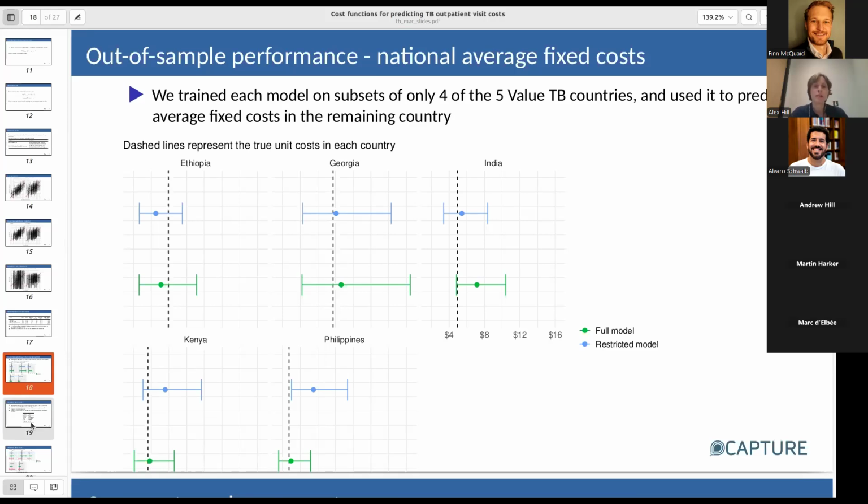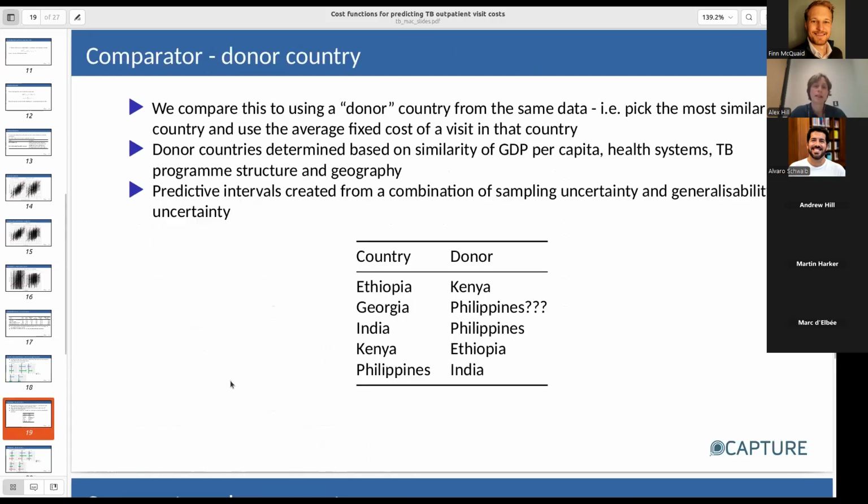And then for a comparator for this approach, I mentioned that when country data is lacking, a common approach is to just use a similar country that you have data for, right? So I've compared the model performance in out of sample countries to just taking a donor country from the same data, picking the most similar country from among the Value TB countries, and using the average fixed cost of a visit in that country as a predictor of the average fixed cost in my country of interest.